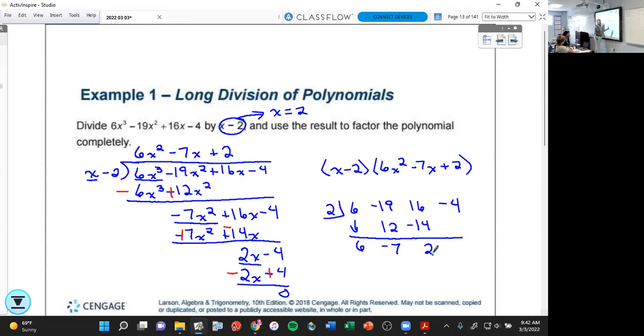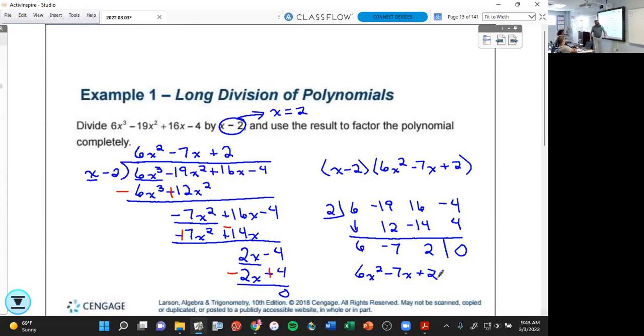That look familiar? Multiply. Combine. I didn't have a remainder, did I? This was a cubic. I divided it. This becomes quadratic. My answer here, 6x squared minus 7x plus 2. Do you see how synthetic division is a shortcut to long division?